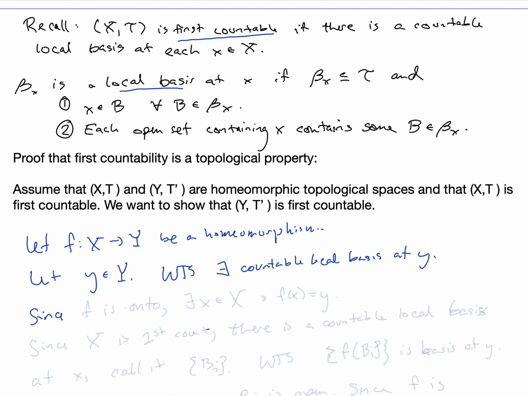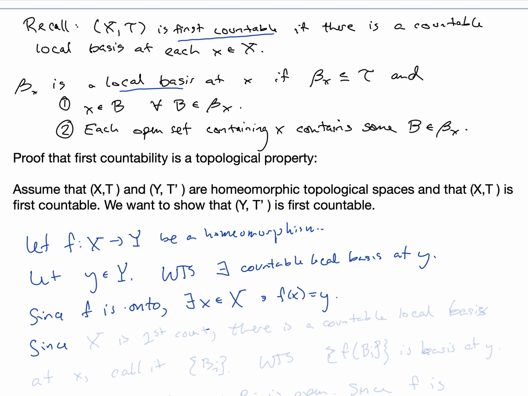Since f is a homeomorphism, that means that f is onto, or surjective. And so there exists some x in the big set X such that f of x is equal to our point y.